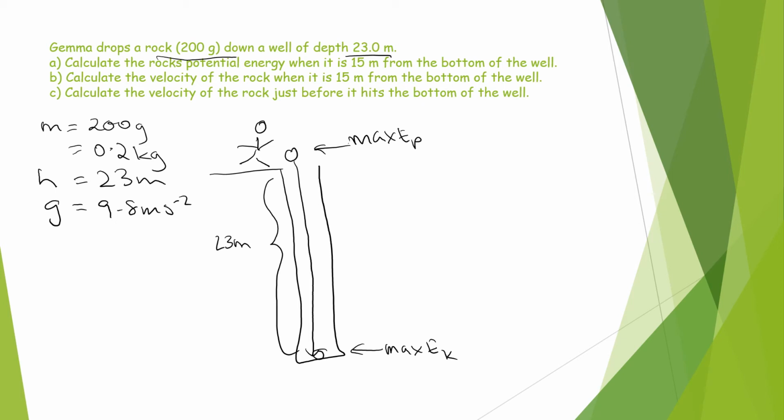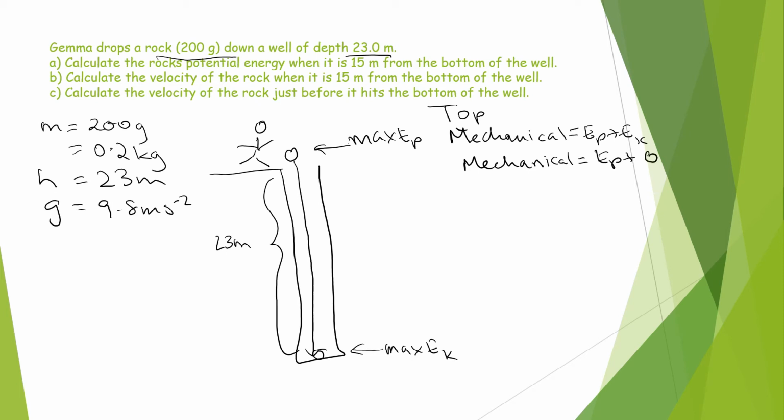So let's work out what's happening. At the top, our mechanical energy is equal to potential energy plus the kinetic energy. But at the top, the mechanical energy must be equal to just the potential energy, sorry, because the kinetic energy is equal to 0.